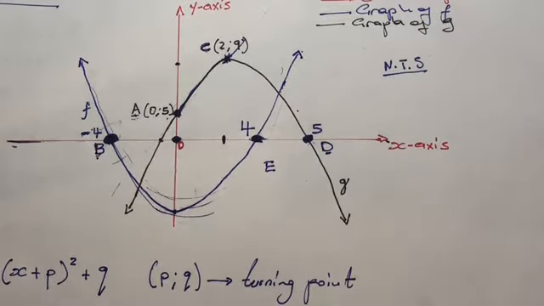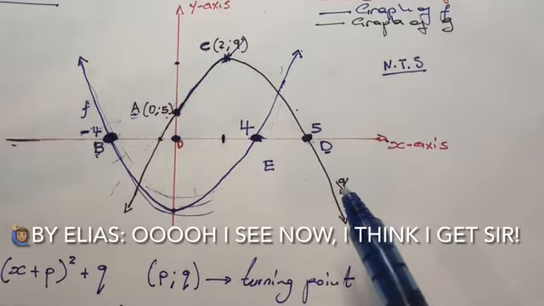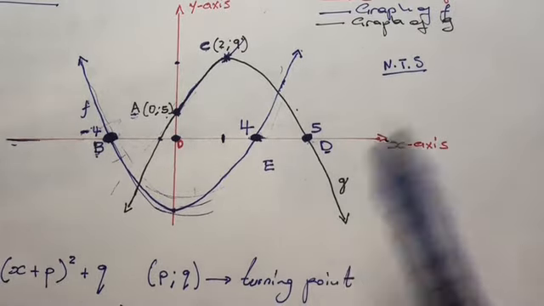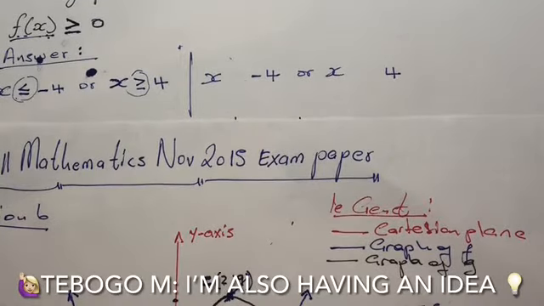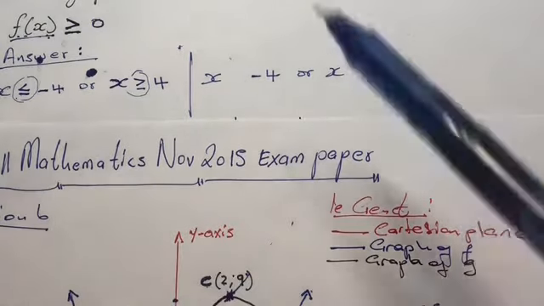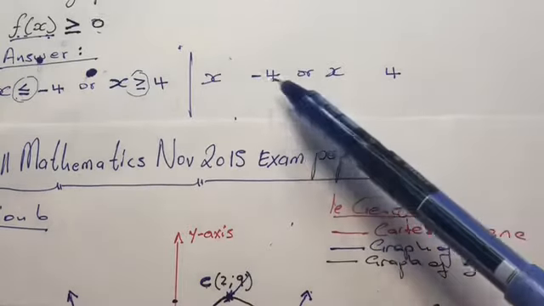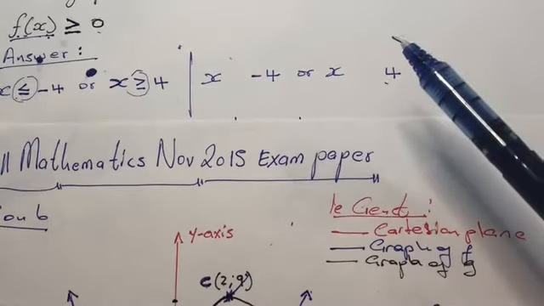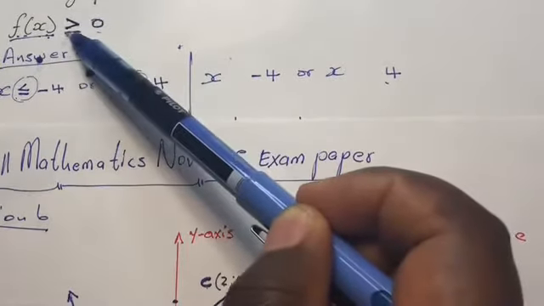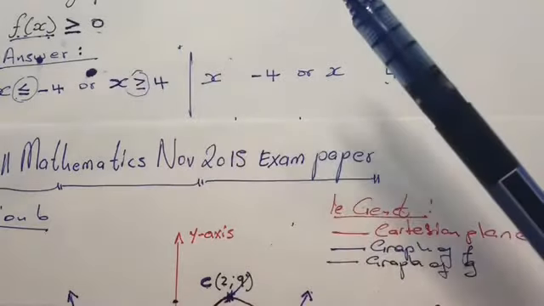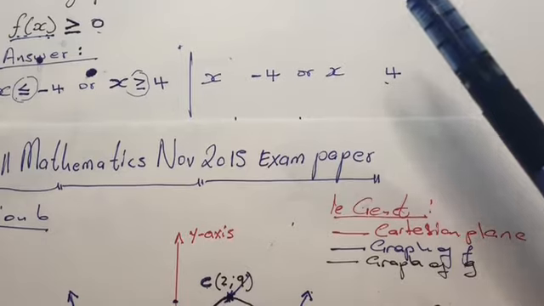Now we have to look at these two points and indicate the inequalities which make this statement true. We already know at this point that's where the graph of f can be greater or equals to 0.